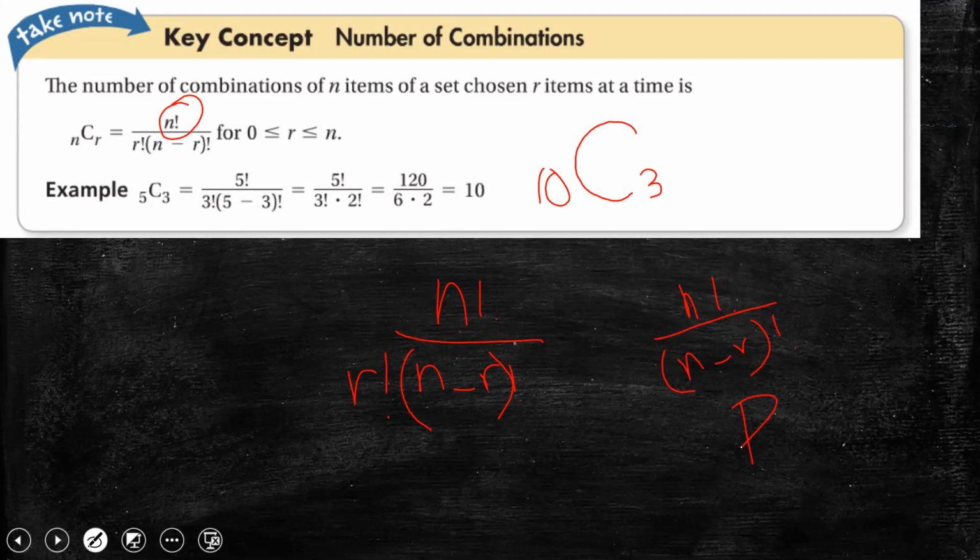So I can write 3 girls taken from 5 like this. Is it right?